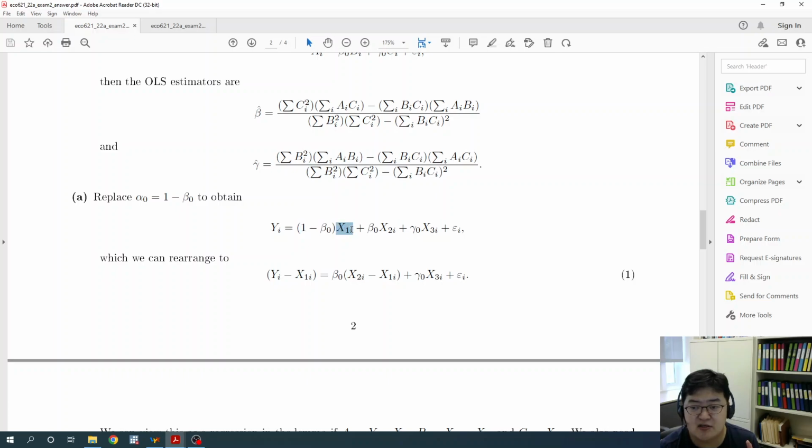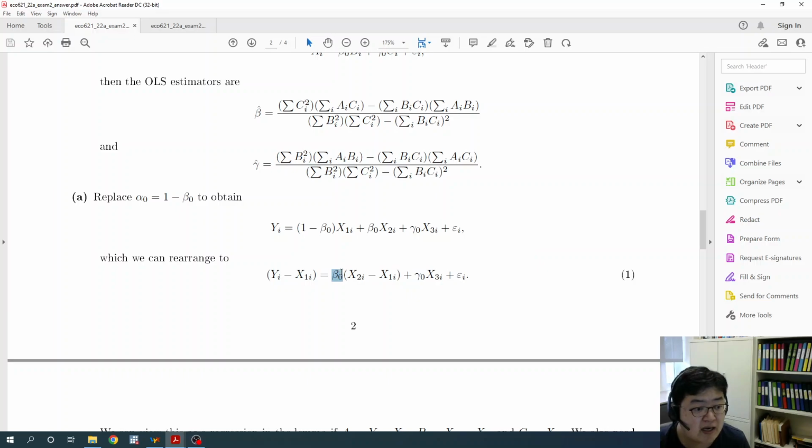Like this part, x1 should be rearranged, moved to the left hand side, because its coefficient is known, so there is no reason for this to be here. You may treat it as a dependent variable. So now the left hand side is y minus x1, and on the right hand side, beta and gamma.